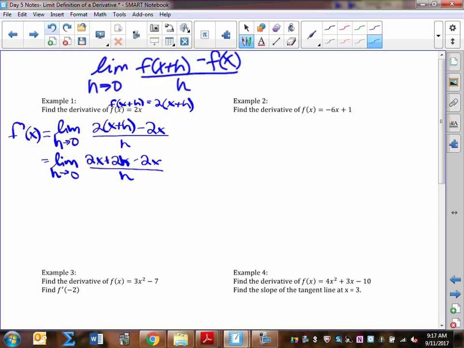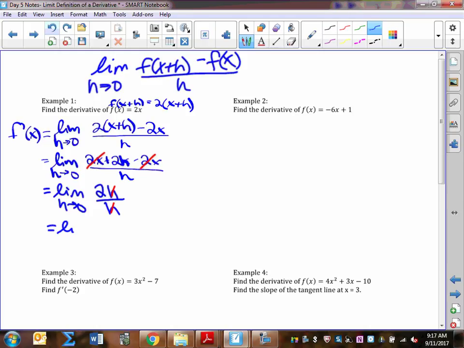And what do we see happens if we look at it? We get these to simplify. So the limit as h approaches 0, I end up with 2h over h. And h is reduced.